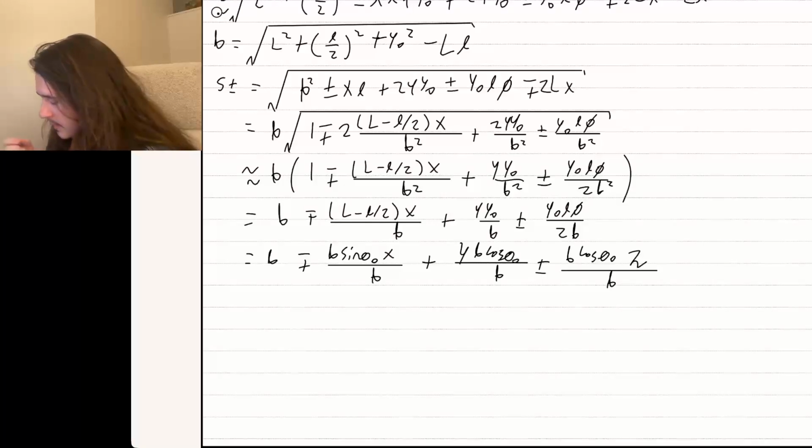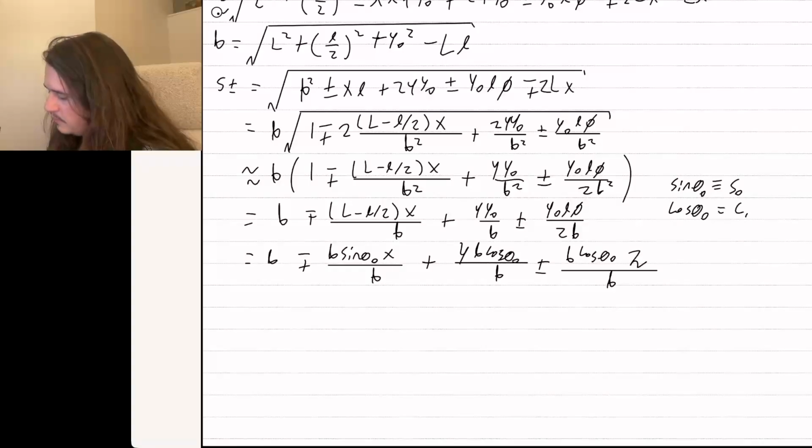So, like I said, the B's cancel out, and I don't want to be here all day, so I'm going to make some shorthand notation. Sine of theta naught, I'm going to just call S naught from now on. Cosine theta naught, I'm just going to call C naught from now on.